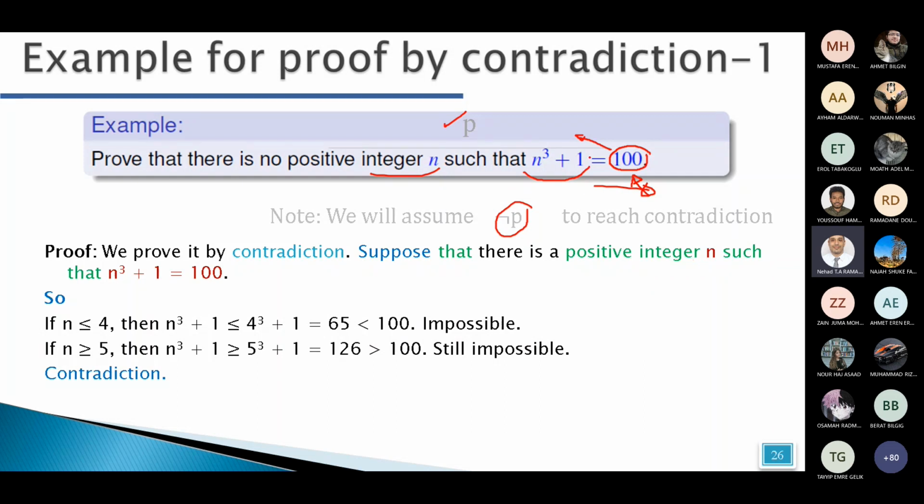How to show that? For example, if n equals 10, then 10 to the power 3 plus 1 is 1001. Okay, this is more than 100.